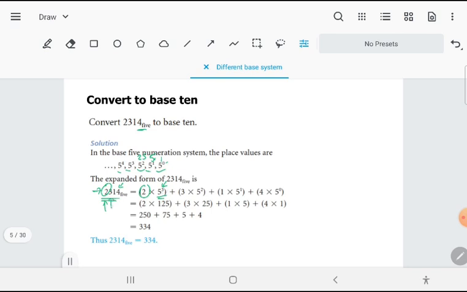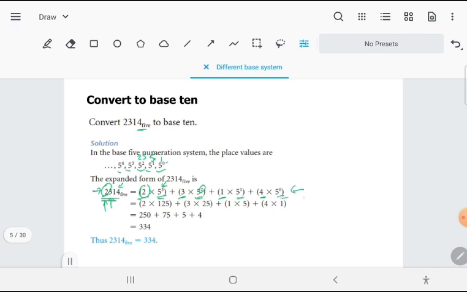Now, 3 here in 2314 is in the third place value. So, third or 3 minus 1. So, you will raise base 5 to 2 here. And so on and so forth. So, 2, 3, 1, and 4. Those are your digits in the numeral. And then multiply each by their respective base 5 place value.